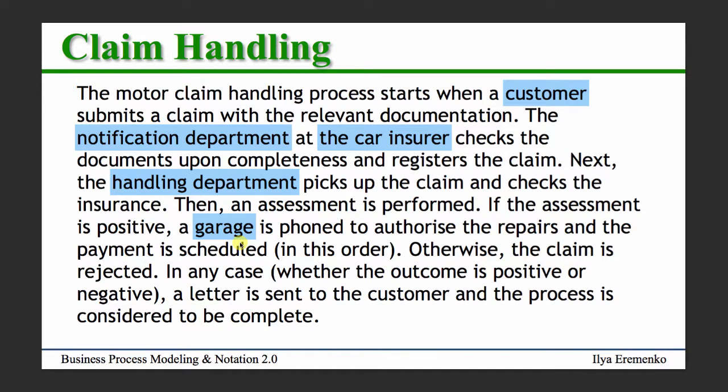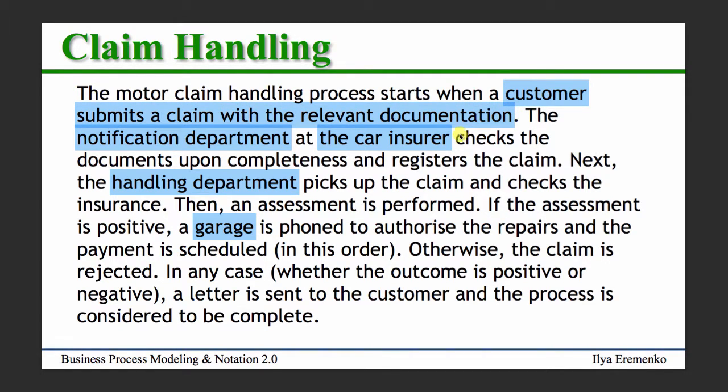Now that we identified all different actors, let's go ahead and identify the start event. Now since I asked you to leave all other pools except the car insurer pool as black boxes, our start event is going to be a start message event inside the car insurer pool. So the whole process is going to start when we receive a claim with the relevant documentation from the customer.